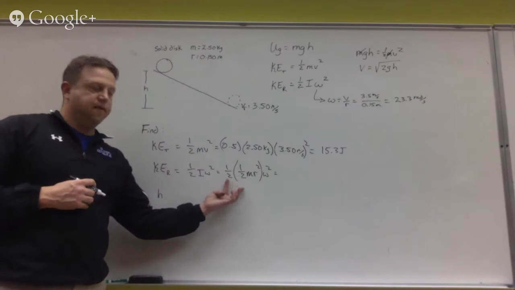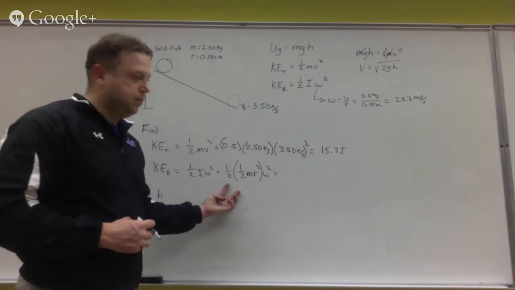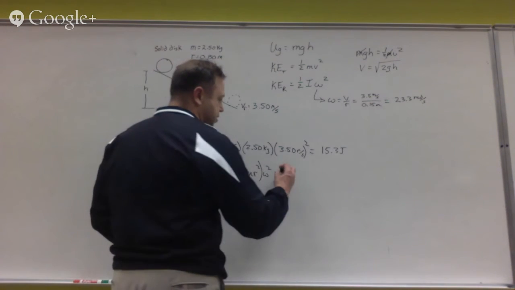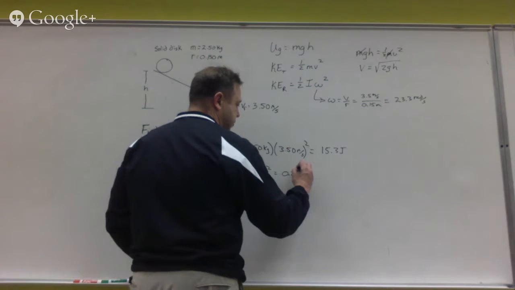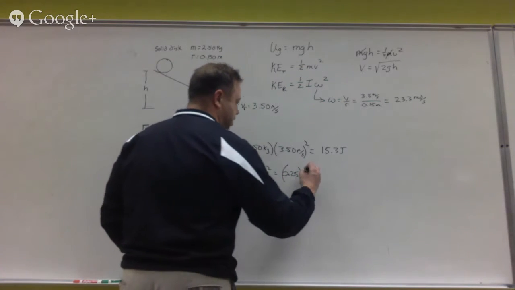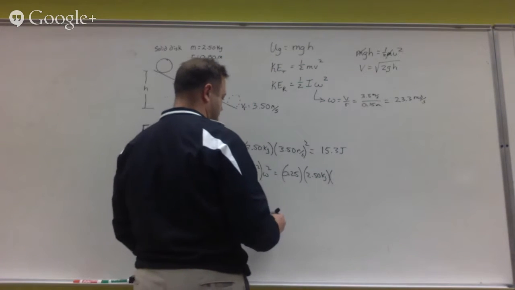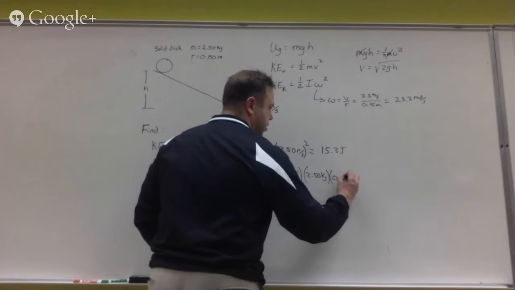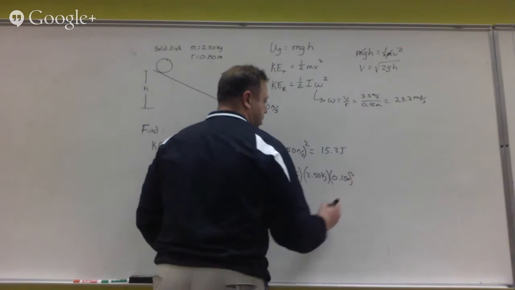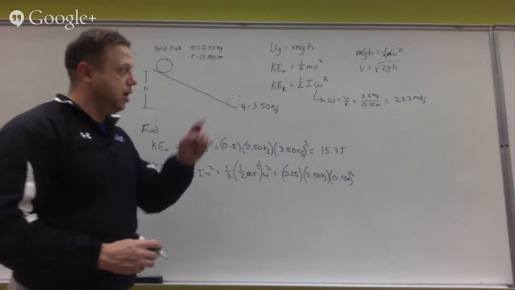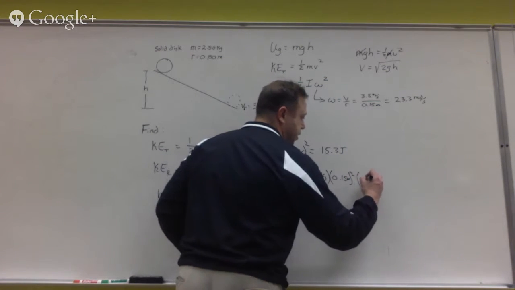So we're going to have 0.5 times 0.5, which is 0.25, times the mass of the object, again 2.5 kilograms, times our radius squared, and then times omega squared, so 23.3 squared.